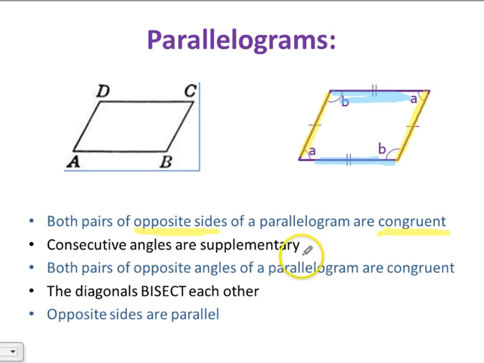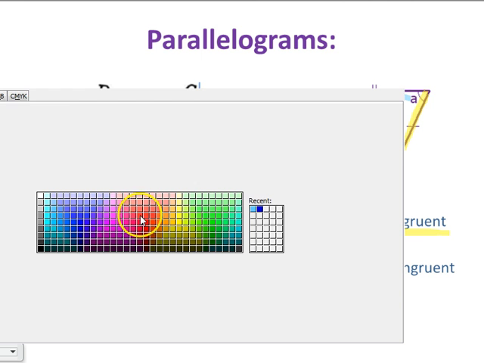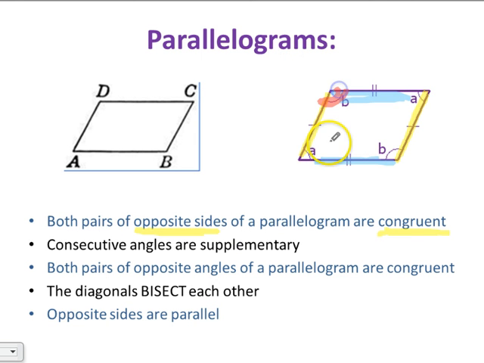Consecutive angles are supplementary. So what does consecutive mean? Consecutive means angles that are right next to each other. So angles A and B are consecutive, or these two angles right here, those are consecutive angles. So if we add those up, they're going to equal 180 degrees, because that's what supplementary means.